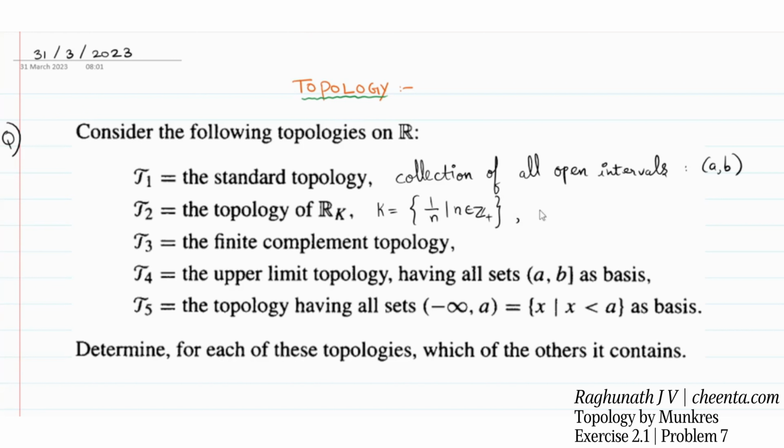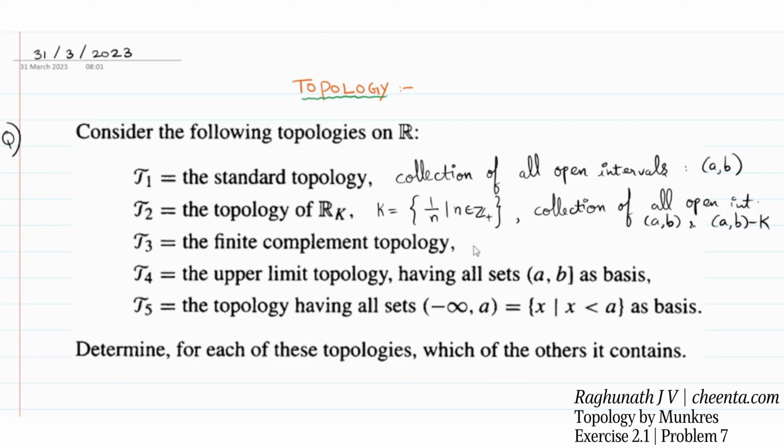Now consider the collection of all open intervals (a, b) and (a, b) minus K. You just take out the elements in K from the open interval (a, b), and you also consider just the open interval (a, b). The collection of all such sets will form the basis for the topology T2.